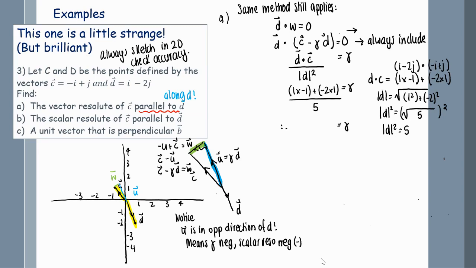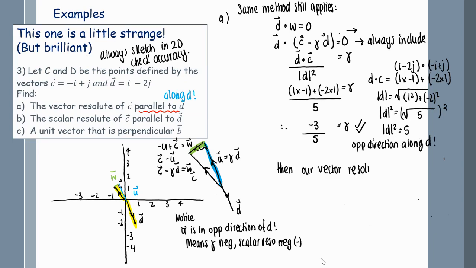The length of D squared will be the square root of 5 all squared, so the length of D squared is just 5. If I expand my dot product, I'm going to get minus 1 minus 2, which is minus 3. So my scalar, or gamma, is minus 3 over 5. We can verify this with our diagram.